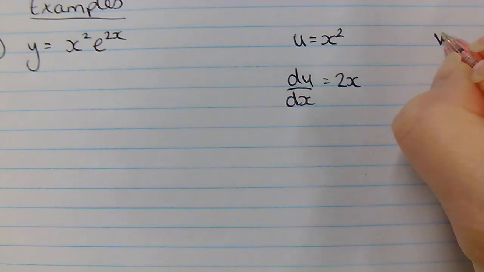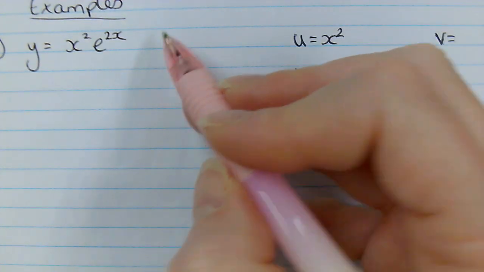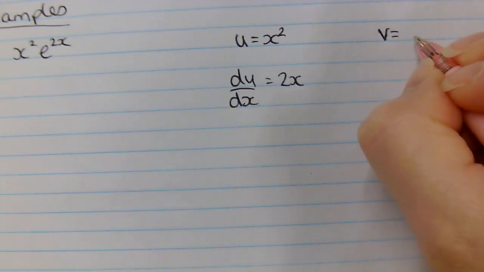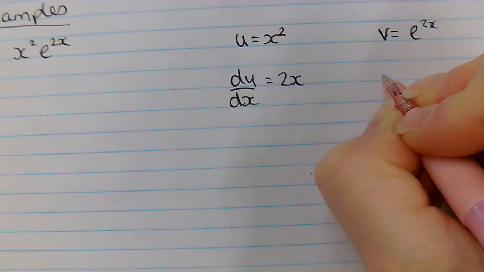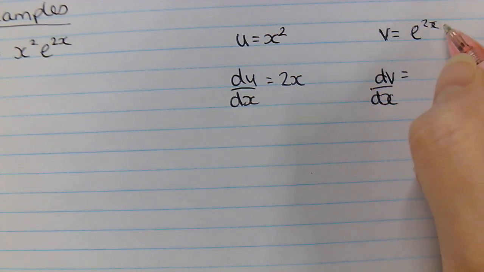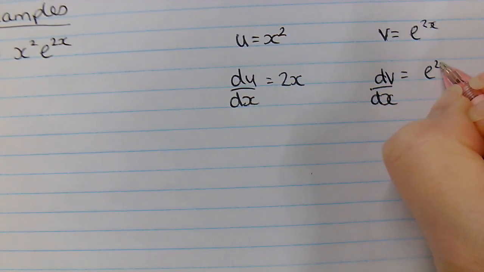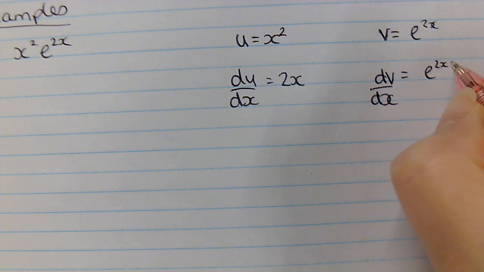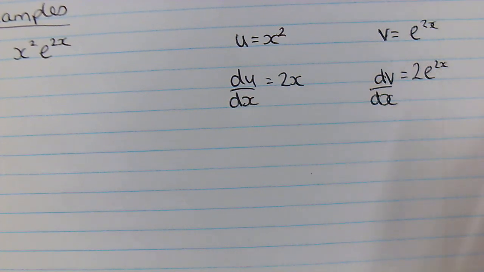Then if I let v equal e to the 2x, I can then do dv by dx. Remember, when we differentiate e, it stays the same, e to the 2x, and then we multiply by the derivative of that, which is 2.